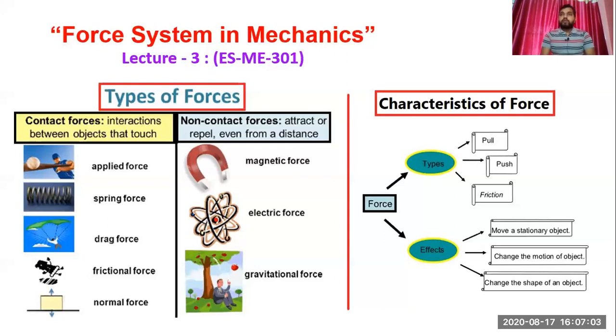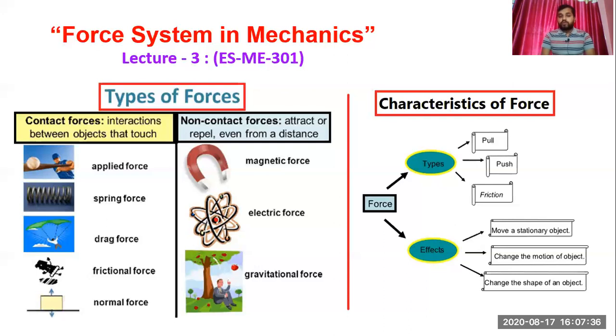We will also discuss what are the different types of contact forces, what are the different types of indirect or non-contact forces. When a load is applied on a body, what are the different types of forces that may be induced in the body, or at last we will study if there are some applied loads on a body, what are the reactive forces the body will generate against that force.